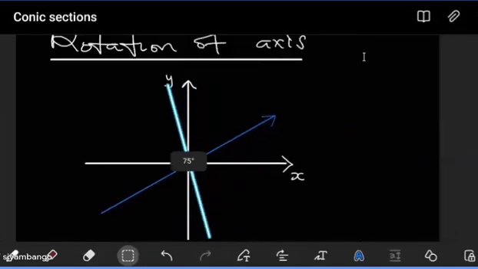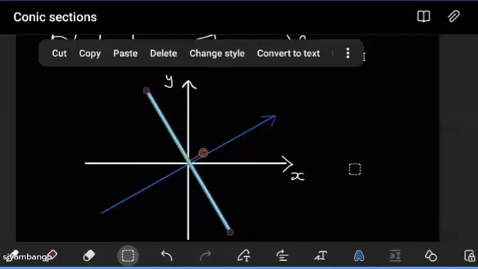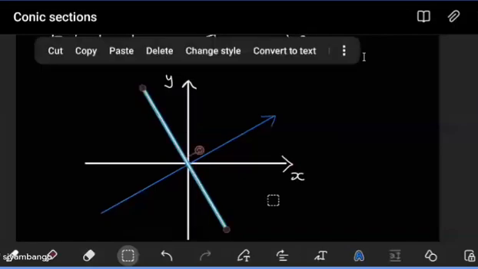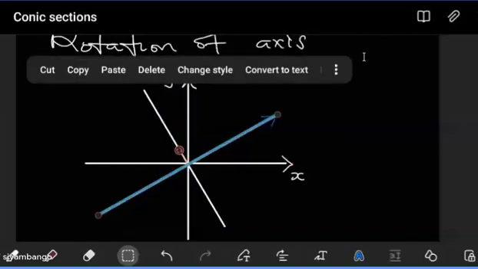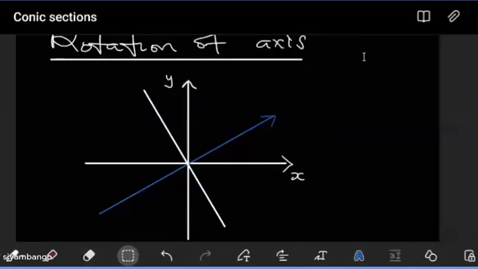Since I rotated that through 30, this is starting from 90, I'll go through 30 as well. So this is what we have.